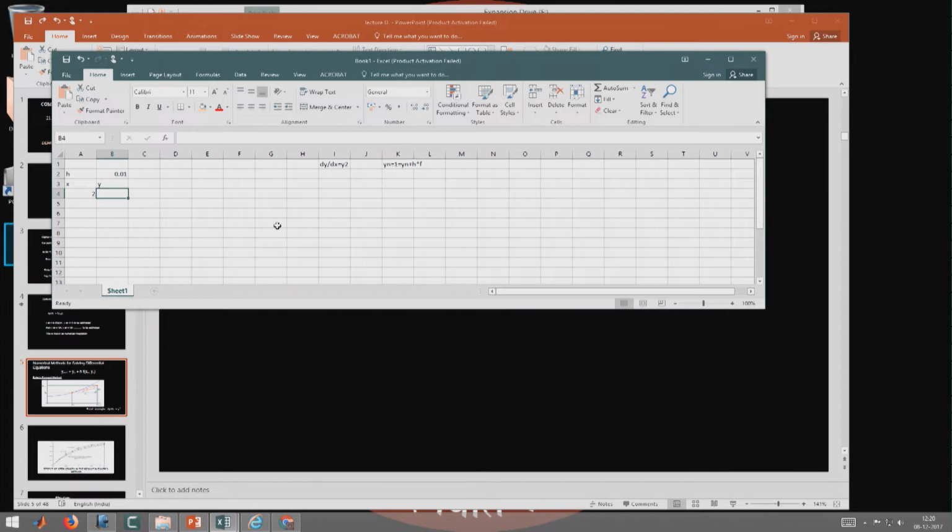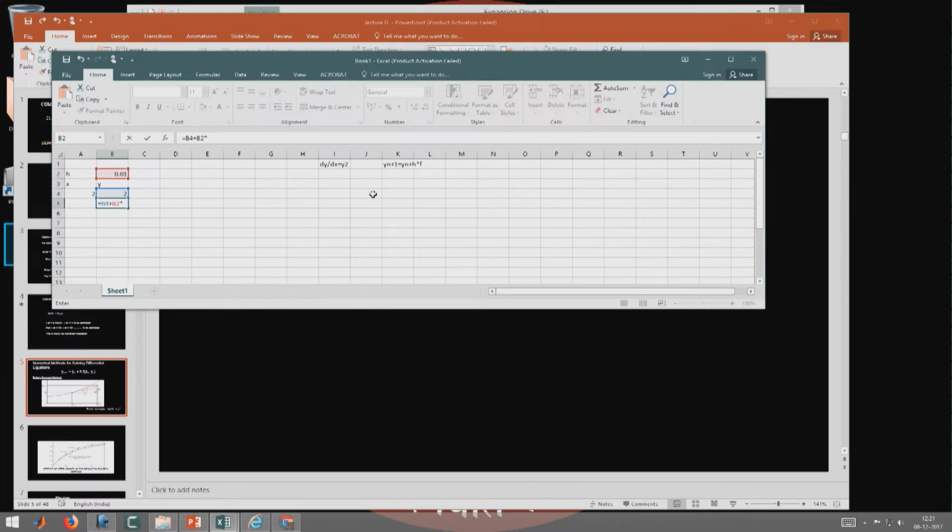So we will take this, which is equal to this, plus the h step length, multiplied by the y square.